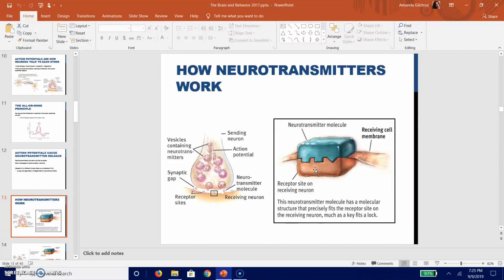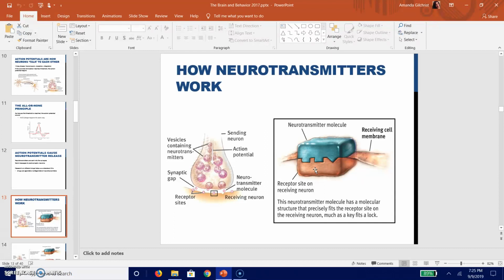So you have very specific types of receptors all over your neurons' dendrites so that different neurotransmitters can make contact with that cell. And they're very, very specific. Dopamine receptors are going to look different from serotonin receptors. It's designed to fit a particular neurotransmitter.